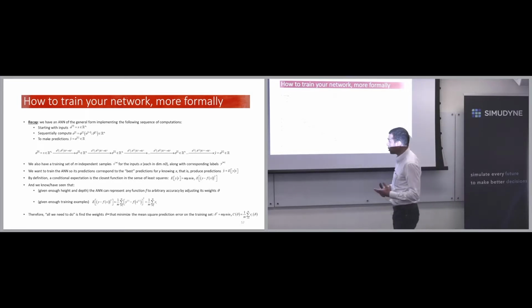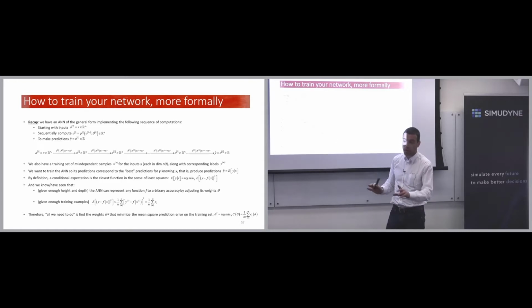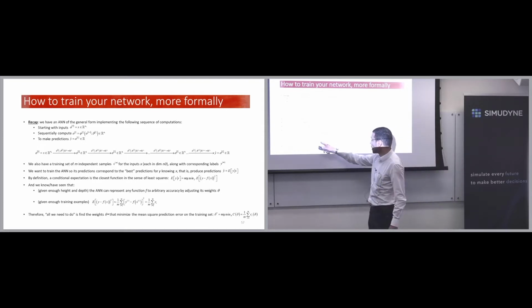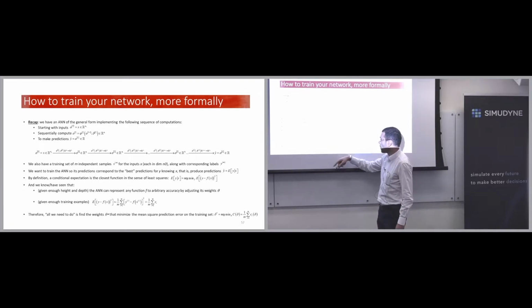And also, we know, again, from probability and statistics 101, that if we have enough training examples, and if all these examples are independently drawn from the same probability distribution, then the expectation of (y minus f of x) squared is well approximated by the average square error, right?